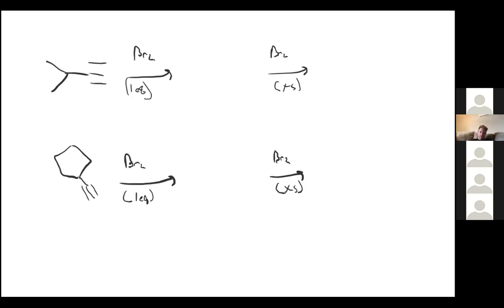All right, so our first bromination is going to add them anti to each other. In our second bromination, they're just going to be completely tetrabrominated, so it's not going to matter. Same thing down at the bottom.